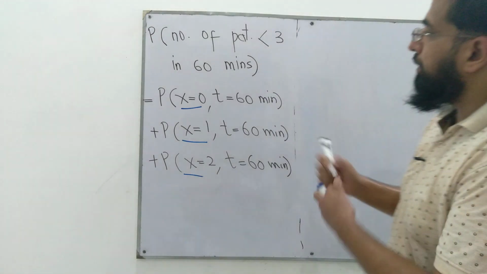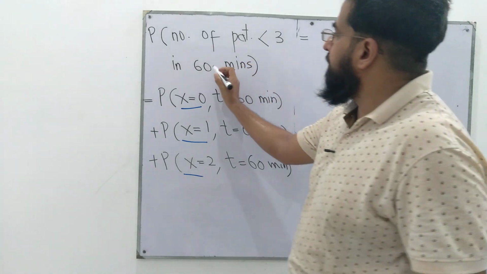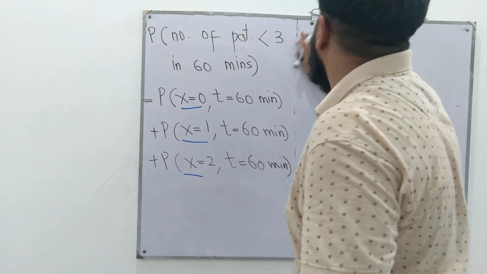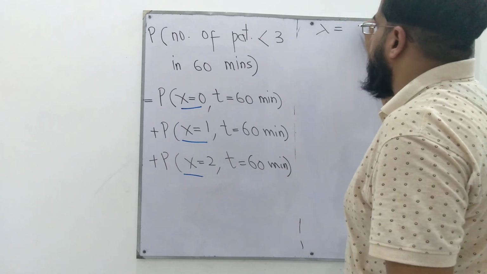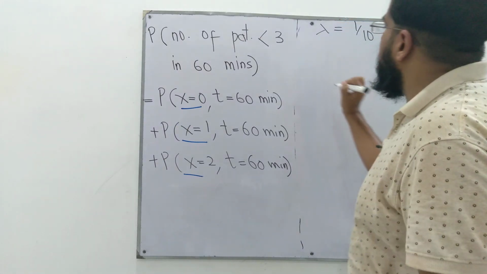So we are given that lambda is 1/10 and t is 60.